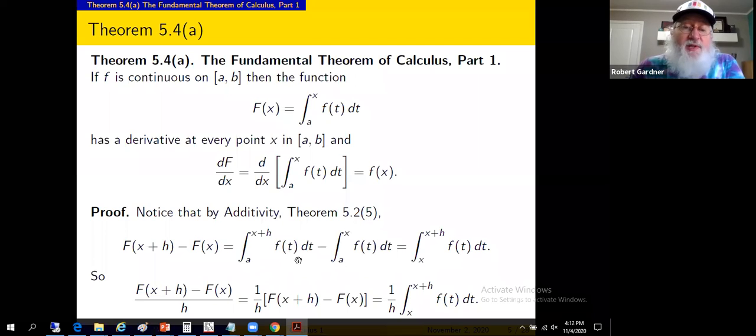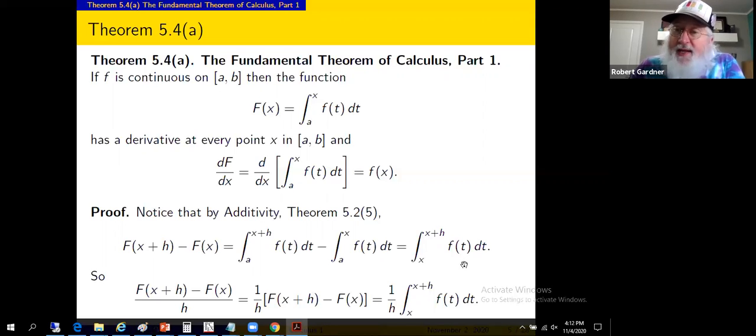This is the thing we're interested in because we're interested in this difference quotient that results. So we get capital F of x plus h minus capital F of x to be explicitly this in terms of definite integrals and in terms of lowercase f, divide by h, that is multiply by 1 over h. That's the same as multiplying this thing by 1 over h because this thing is the difference of F at those two given values.